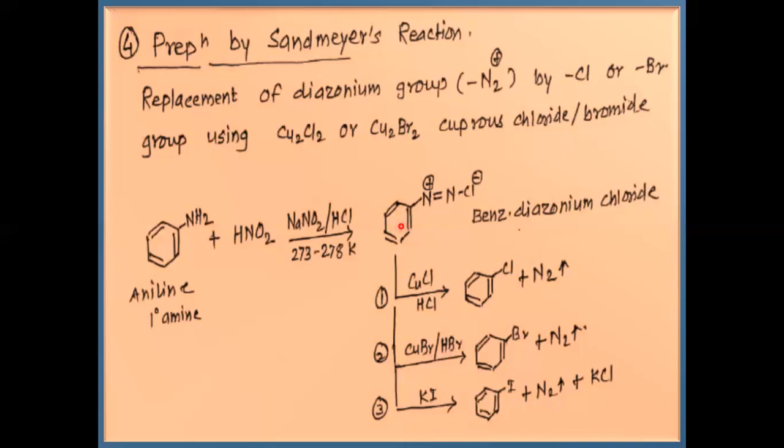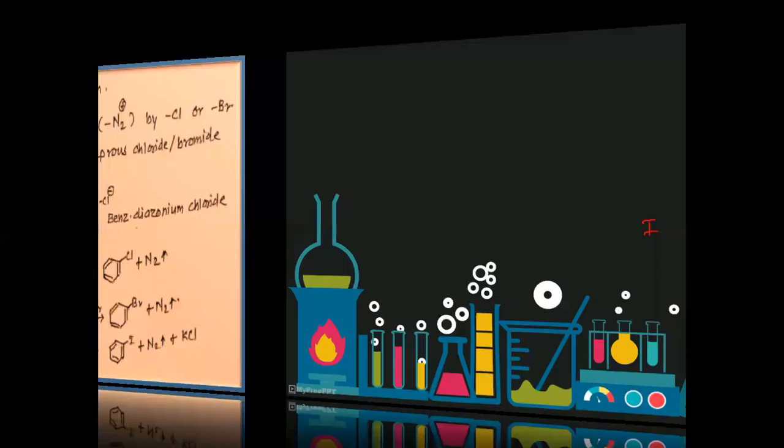And when it reacts with potassium iodide, it gives iodobenzene, nitrogen gas is liberated and KCl is obtained. So this is the preparation using Sandmeyer's reaction. Now let us go to the next slide.